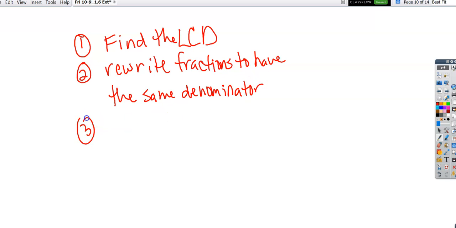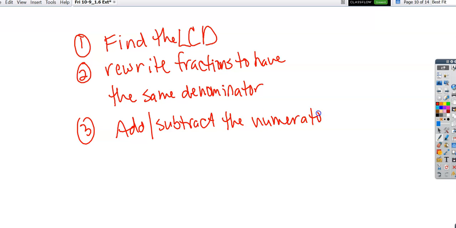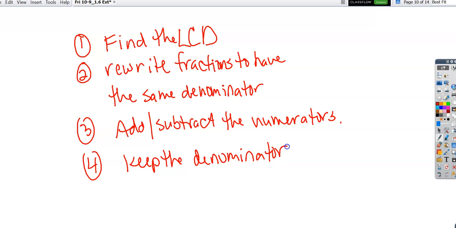The last thing you do is you either add or subtract the numerators, right? The ones who count how many. And then I'm going to say the last step is just keep the denominator, right? After we rewrote, you shouldn't have to do anything with the denominator. Keep the denominator and maybe simplify would be your last step.